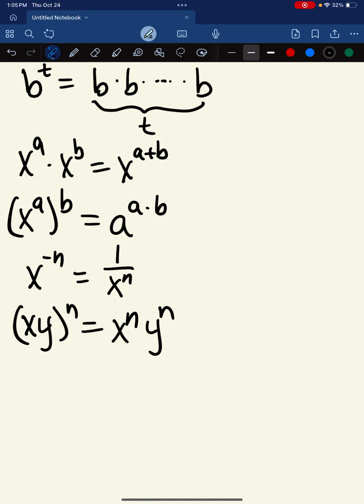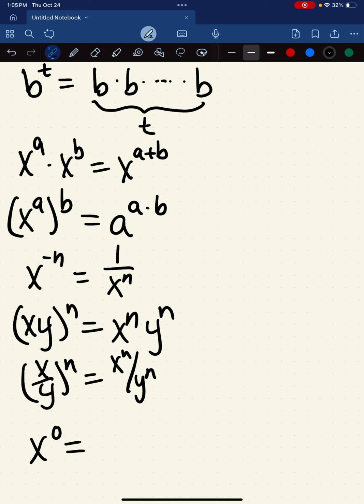And we learned that, well, I guess we can include division there, x over y to the n is x to the n over y to the n. And then anything to the power of 0 is equal to 1, except 0 to the power of 0. So these are the rules you need to know about exponents.